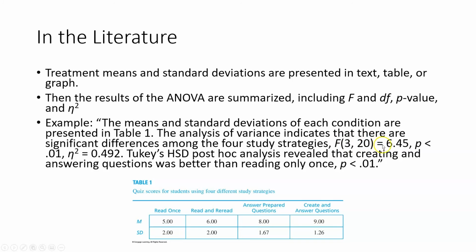You then put equals what the F value is, comma, p less than 0.01. Then you list your eta squared, 0.492. And you would say what your post hoc test showed if you ran them, if your ANOVA was significant. Tukey's HSD post hoc analysis revealed that creating and answering questions was better than reading only once, with a p less than 0.01.